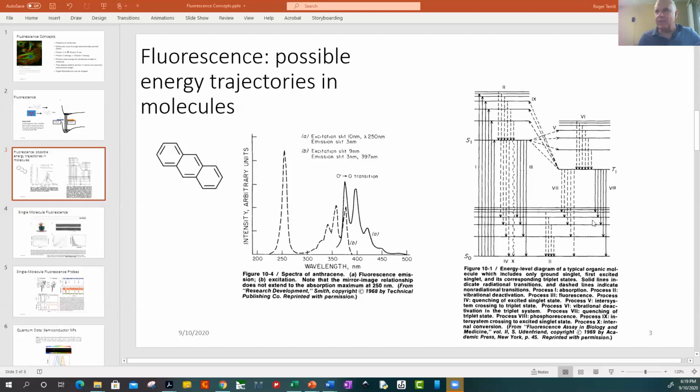So now, in this Jablonski diagram, this solid curve here corresponds to downward going arrows. This is an emission scan.